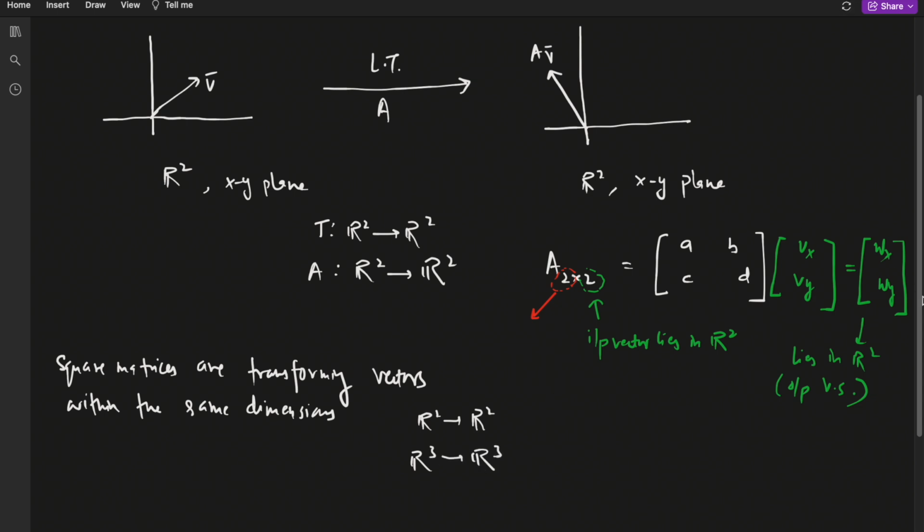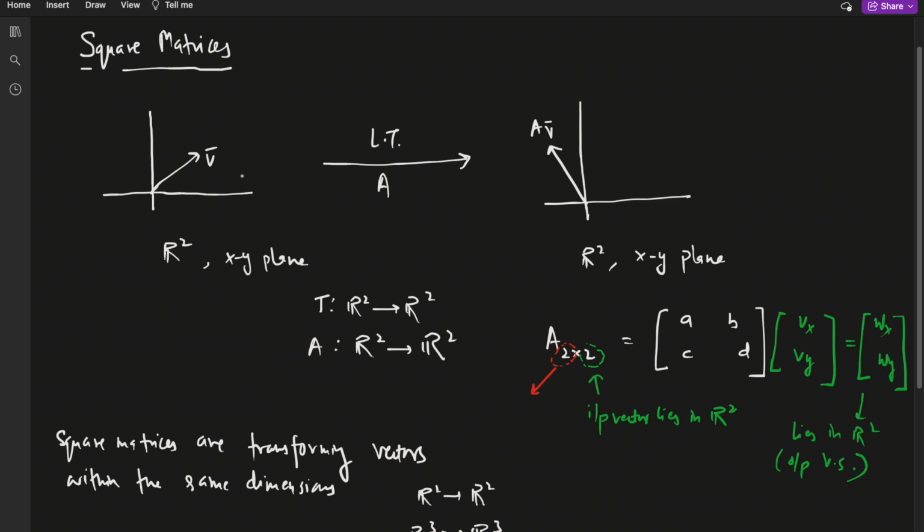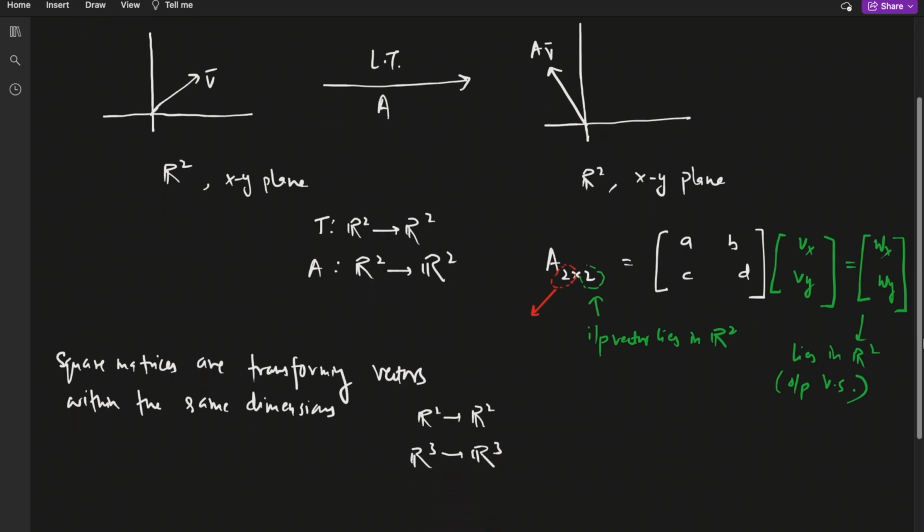Basically, the input vector V lies in the same dimension as the output vector. Before the transformation, the input vector was lying in the XY plane, the R2 vector space. After transformation, it is still in the same vector space. All right, so I think this is clear.